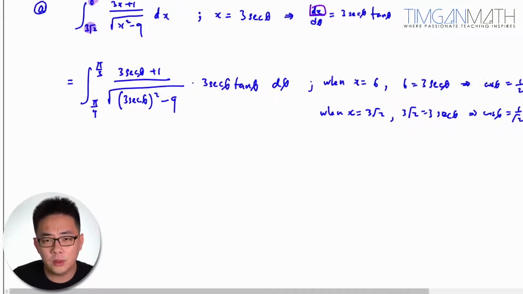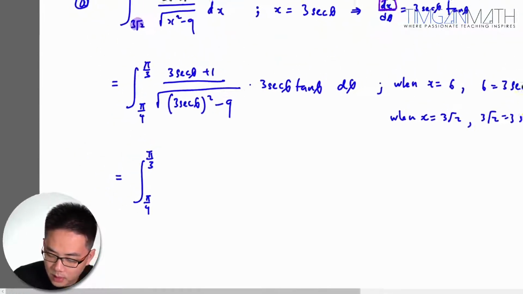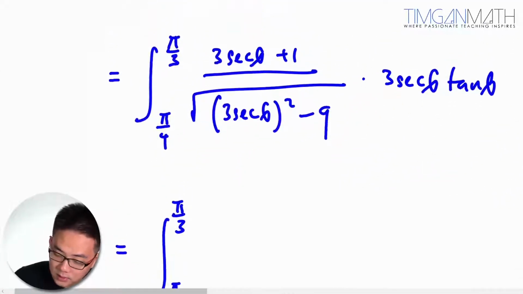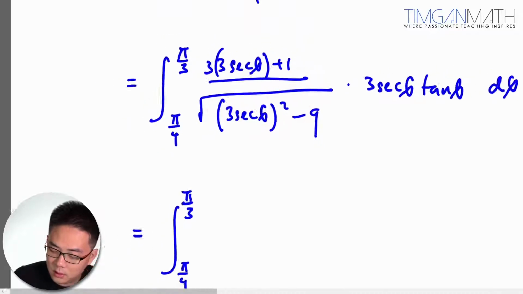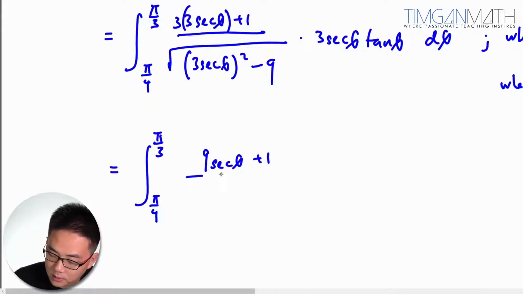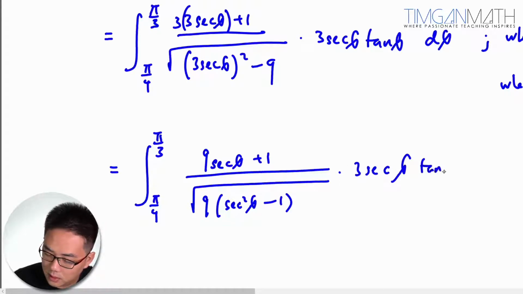Now after which we're just going to simplify everything. The limits are pi over 4 to pi over 3. I'm going to bring out the 3 secant, so 3x is 9 secant theta, plus 1, over 9 secant squared theta minus 1, times 3 secant theta tangent theta.